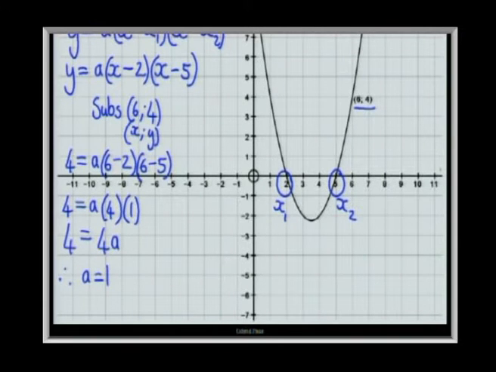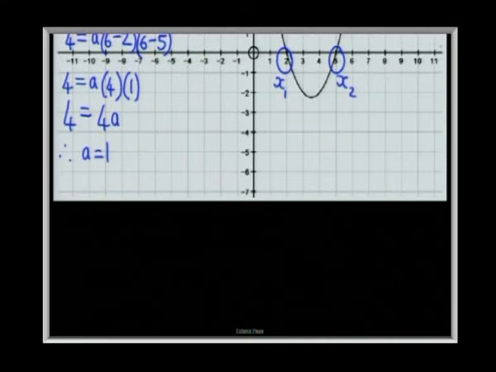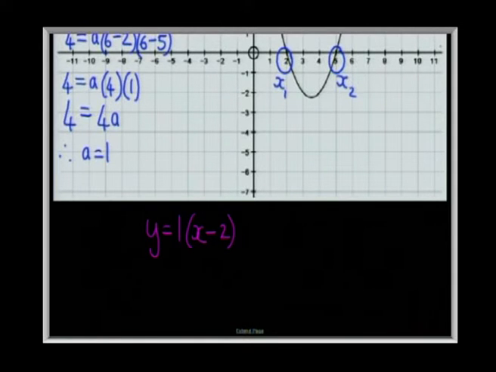Now that we've done this, we can substitute it into the equation. So we had y equals a(x minus x1)(x minus x2). We now have an a value of 1. Our x remains the same. Our x1 is 2 and our x2 is 5.